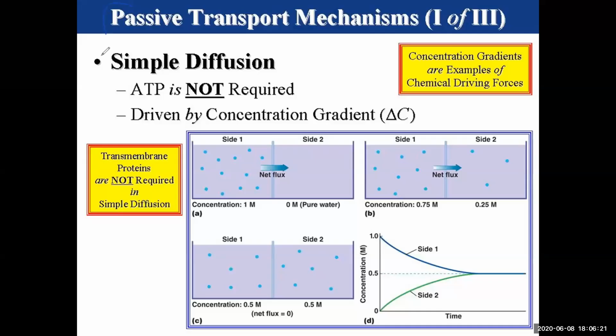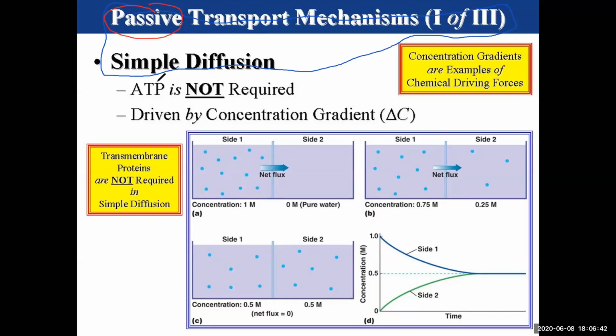So the first of three examples of passive transport mechanism we're going to go over is simple diffusion. And since it's passive, ATP is not required. Cellular energy is not required.